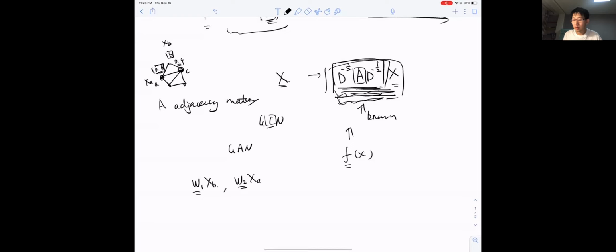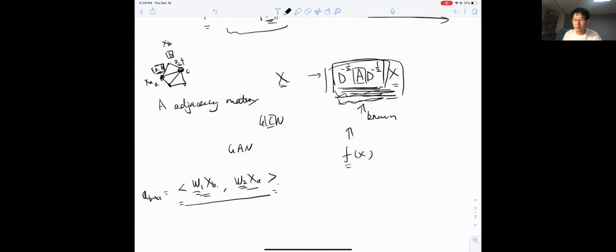Then we calculate the inner product of these two transformed pieces of information. The inner product is a kind of similarity. We call the result the attention score of B to A.